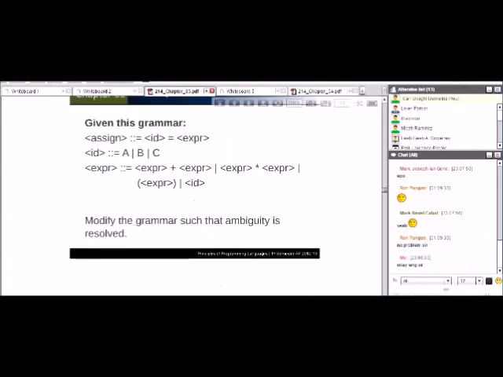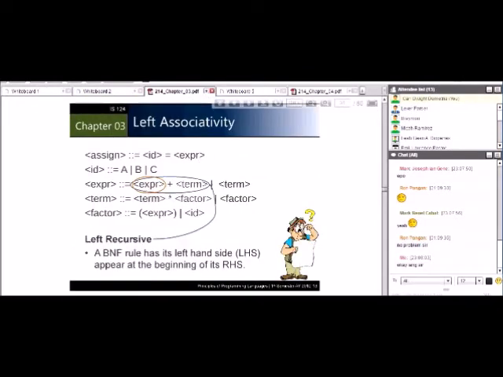So to address ambiguity, we can take a look at operator associativity. If operator associativity is correctly described, and associativity means expressions with two or more adjacent occurrences of operators with equal precedence. We actually have to specify what kind of associativity the programming language is going to observe.